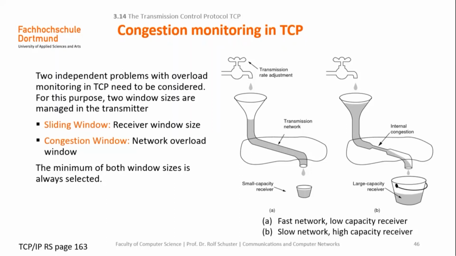Now we need to understand some behavior of the network and of the receiver process, because there is some typical overload or overflow that could happen, typically in some queues or buffers.